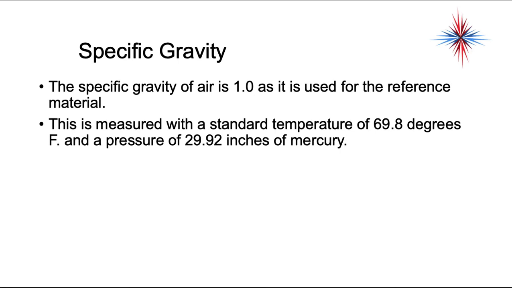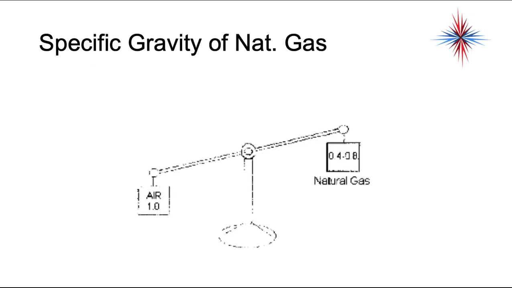The specific gravity of air is 1.0, as it is used for the reference material. This is measured with a standard temperature of 69.8 degrees Fahrenheit and a pressure of 29.92 inches of mercury. So again, this is very important. The specific gravity of air is 1.0 at 69.8 degrees Fahrenheit and a pressure of 29.92 inches of mercury.